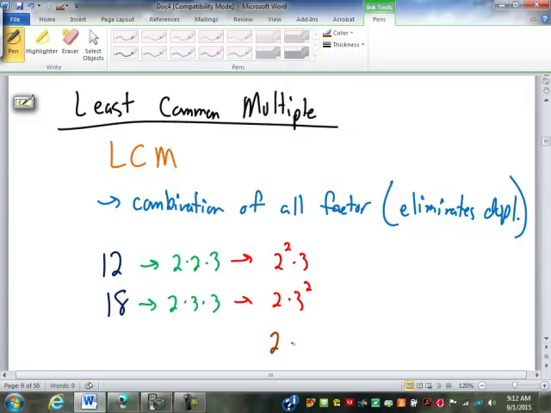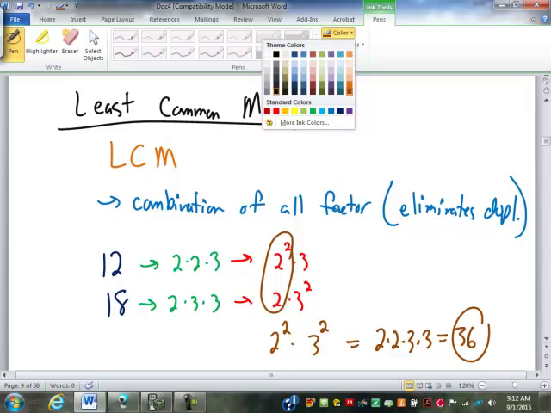There's 2's and there's 3's. Then I look at each of them and I take the highest power. What is the highest power that appears on a 2? 2. What's the highest power that appears on a 3? 2. So this would be 2 squared times 3 squared, or 2 times 2 times 3 times 3, otherwise known as 36, is my least common multiple.